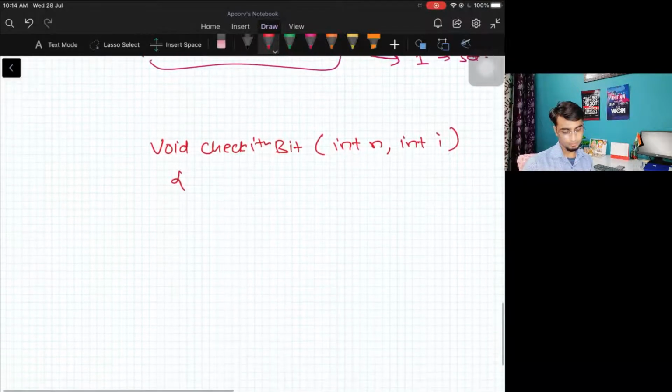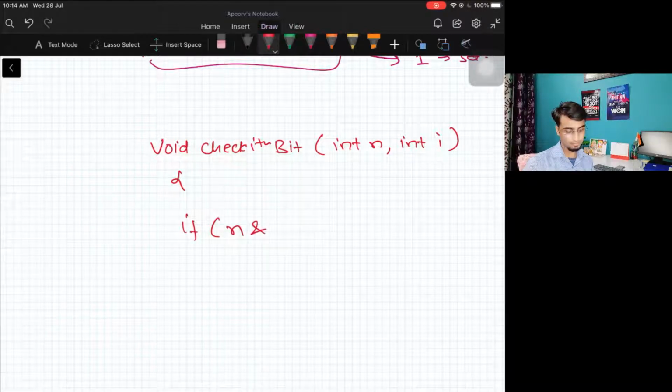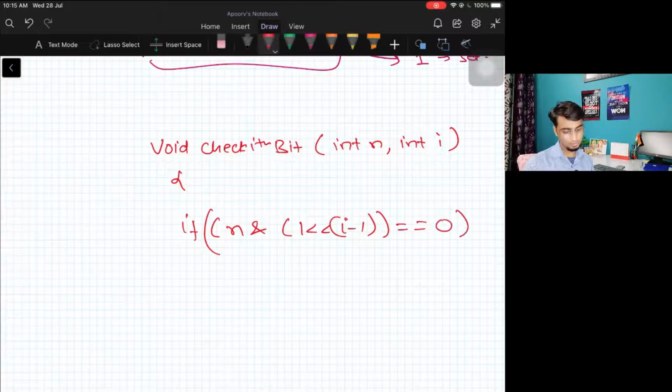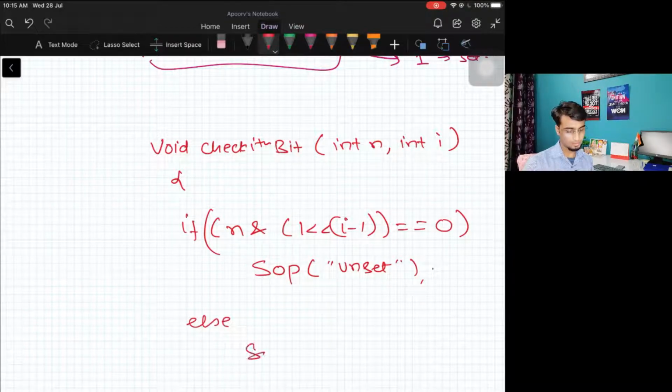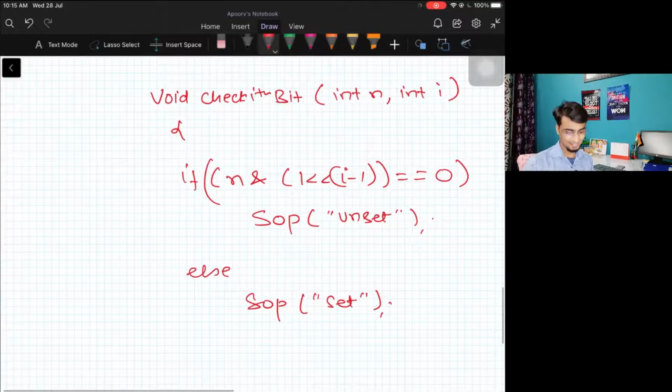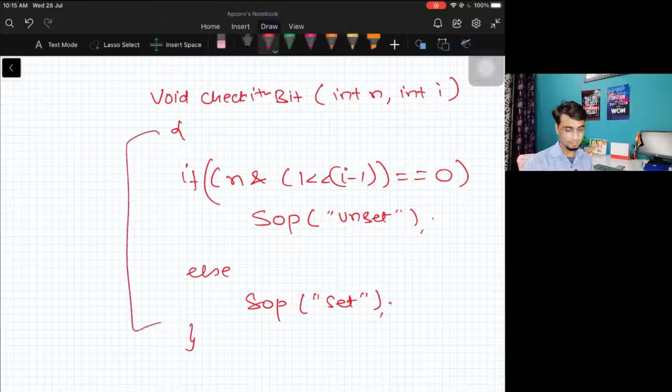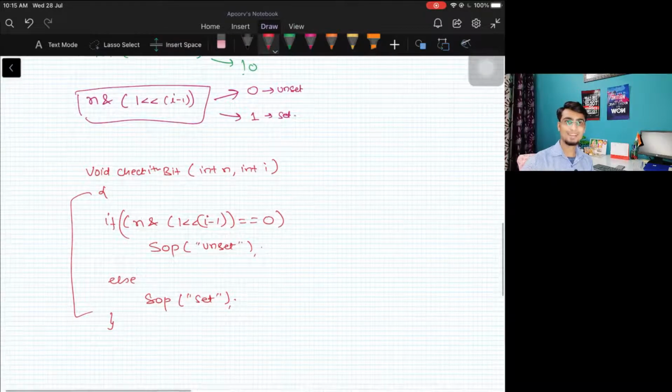What we will do is: if n AND 1 left shifted i minus 1 times is equal to 0, we just do a System.out.println unset, else set. Got it? This is the simple code, right?